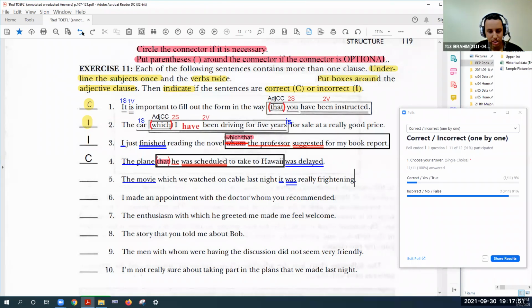What is we? We is a subject. Another subject. And watched? Verb. That's right. And you said which is a connector. Where's the adjective clause here? The first one, which we watched. Yeah, all of that.